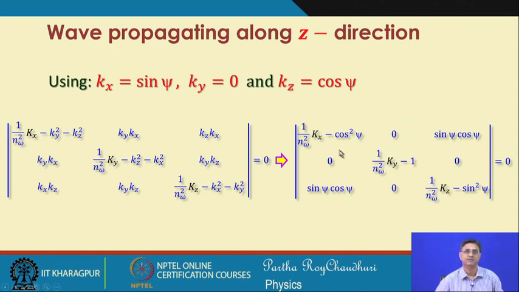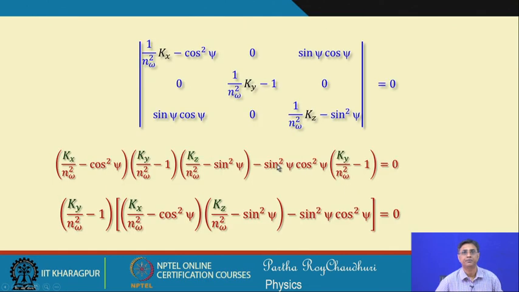the y y component is slightly different, because k z and k x have values, whereas k y is 0. So, from this determinant equation, if you open up this determinant, we can write this equation in this form, this into this minus 0.